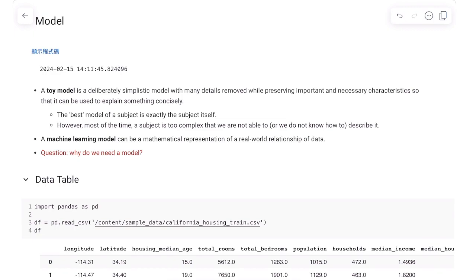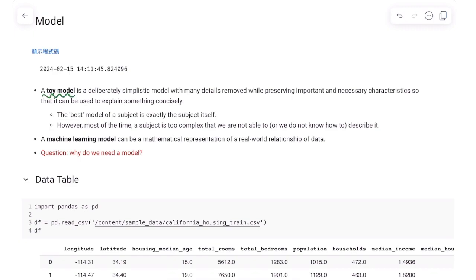So when we talk about a model in machine learning or data mining, the model is some kind of thing that can describe a subject, but the model is more simplified. So let's take a look at this definition.